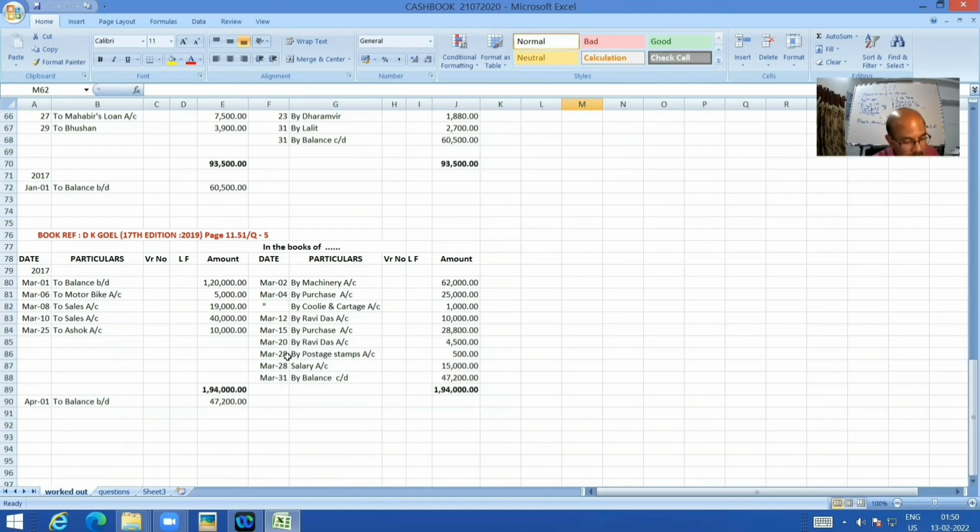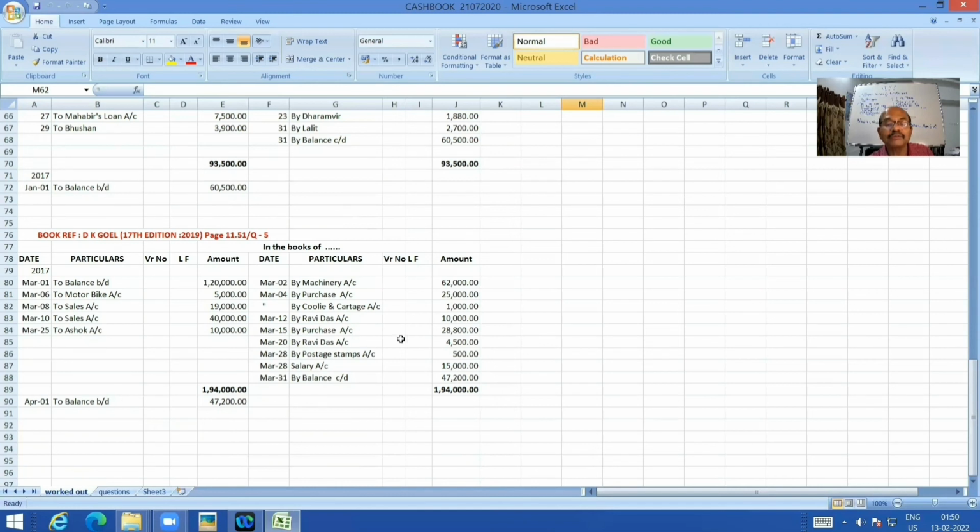Thereafter it comes: bought goods from Suresh for cash less 4% cash discount. That means 4% of 30,000, which comes to 1,200. So physical receipt of cash is only 28,800. That I am booking as purchase 28,800.